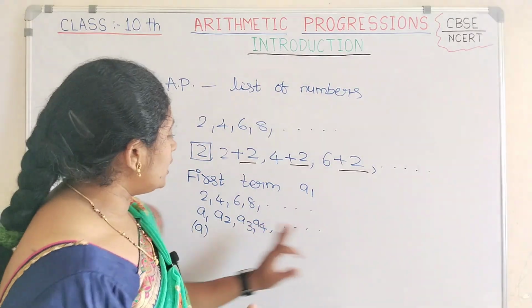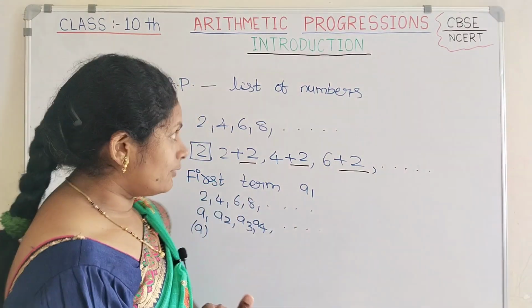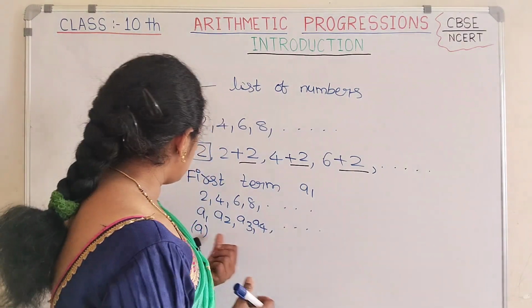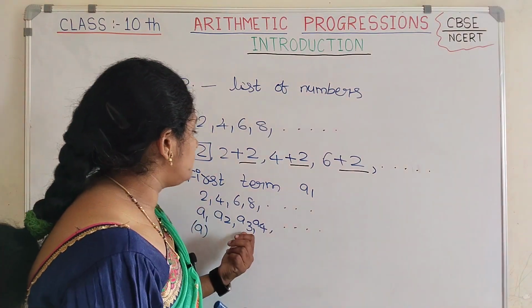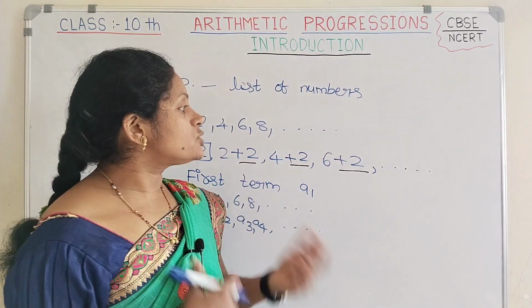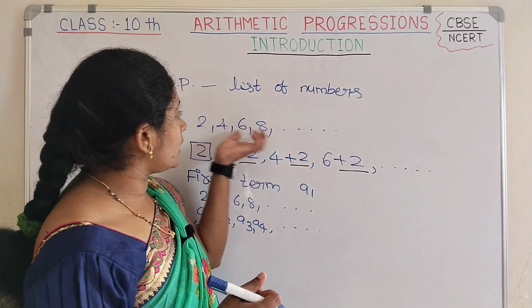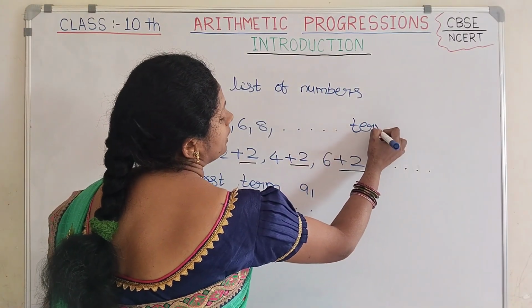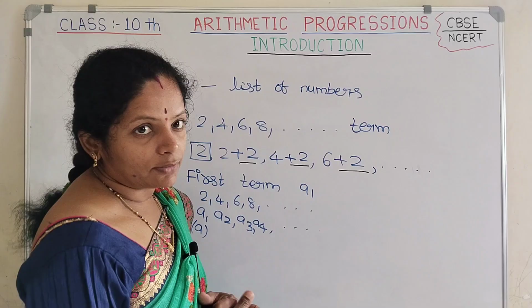These are called the terms. I will repeat one more time: here A1, A2, A3 and A4 are called the terms, meaning in the list of numbers, each number is called a term.